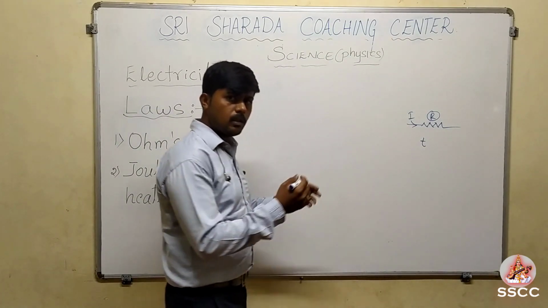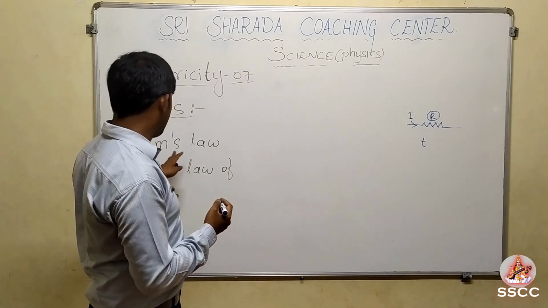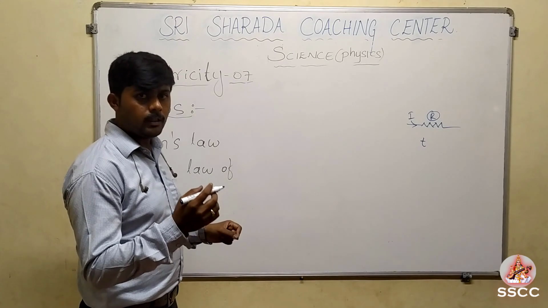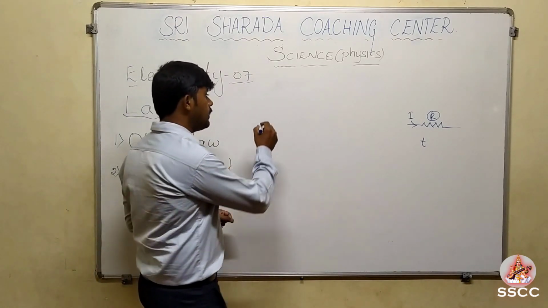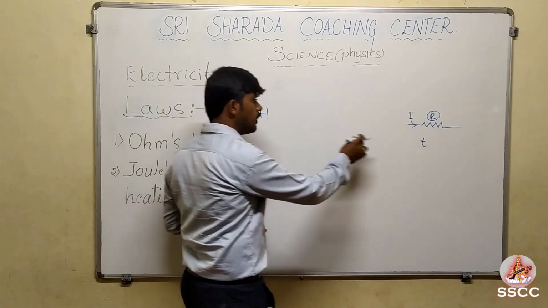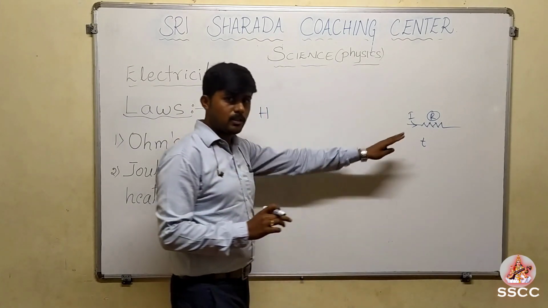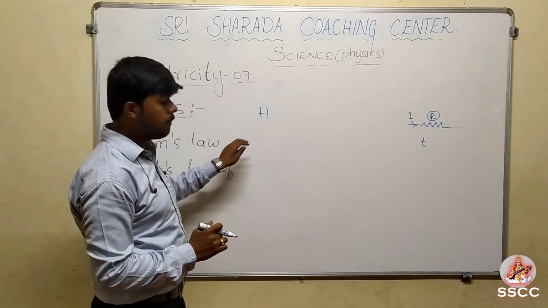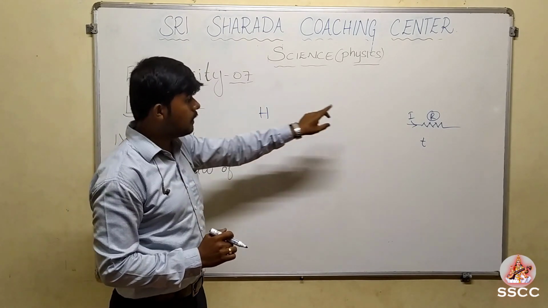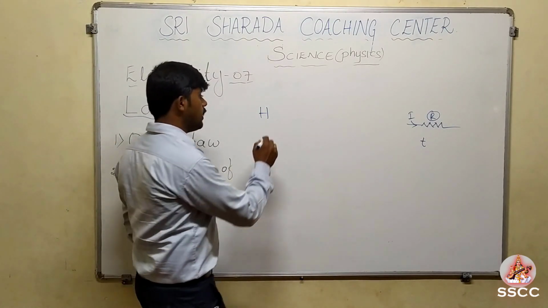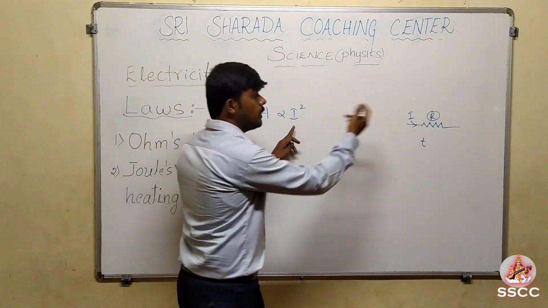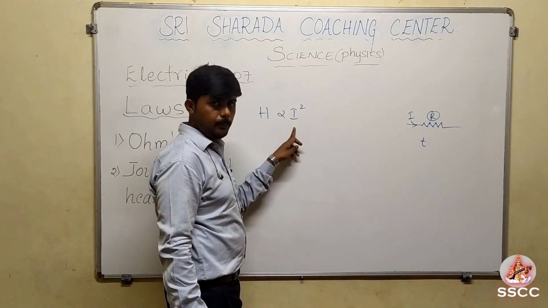Now let us consider the statement of Joule's law of heating. Joule's law of heating states that the heat energy produced, here the heat energy is produced because of its high resistance, that heat energy is produced according to Joule's law of heating. The heat energy produced in an electric heater is directly proportional to the square of the electric current for the given resistance.